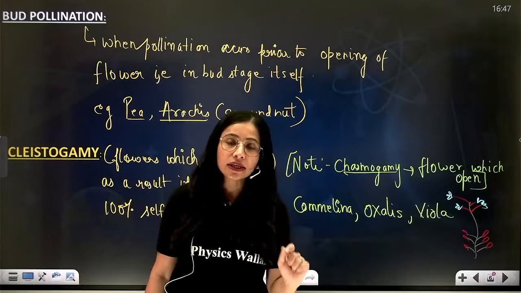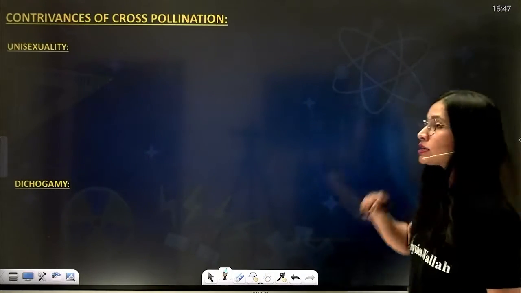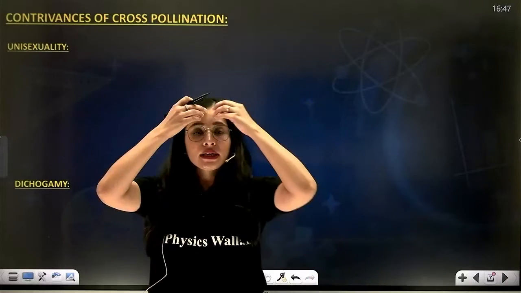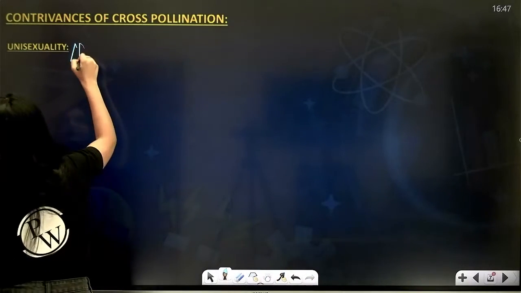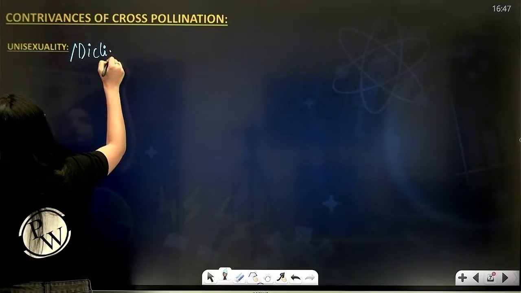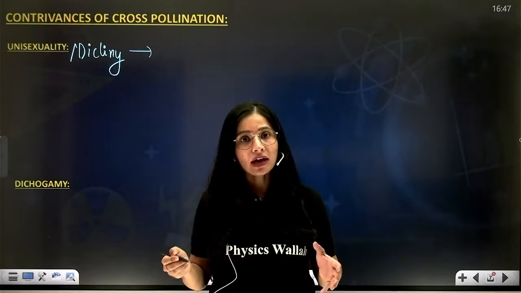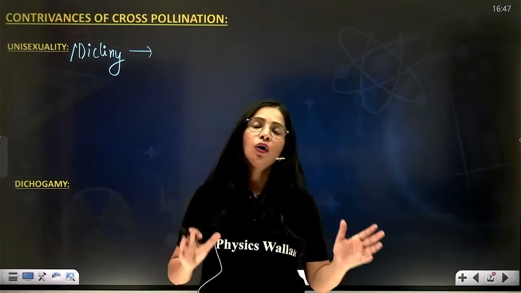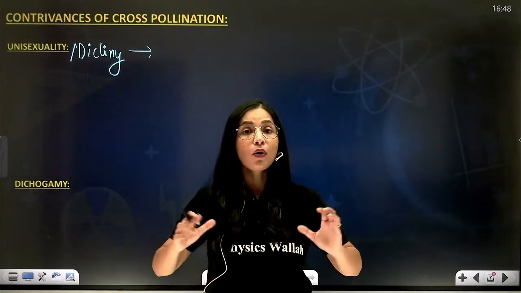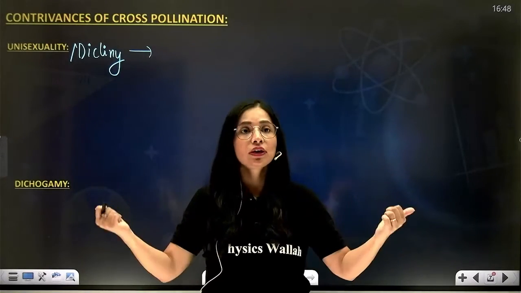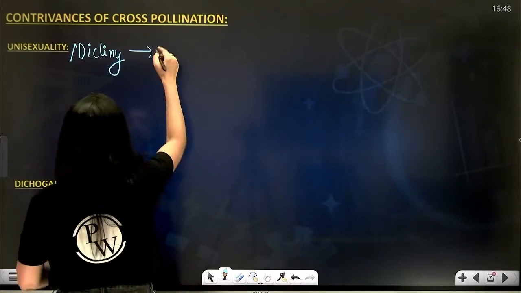Now moving towards the contrivances that promote cross-pollination or allogamy. First is unisexuality, also called dicliny. Obviously, unisexual means the flower which is either staminate or pistillate, but not both. Both the sex organs are borne differently on two different flowers. Correct? So write it.